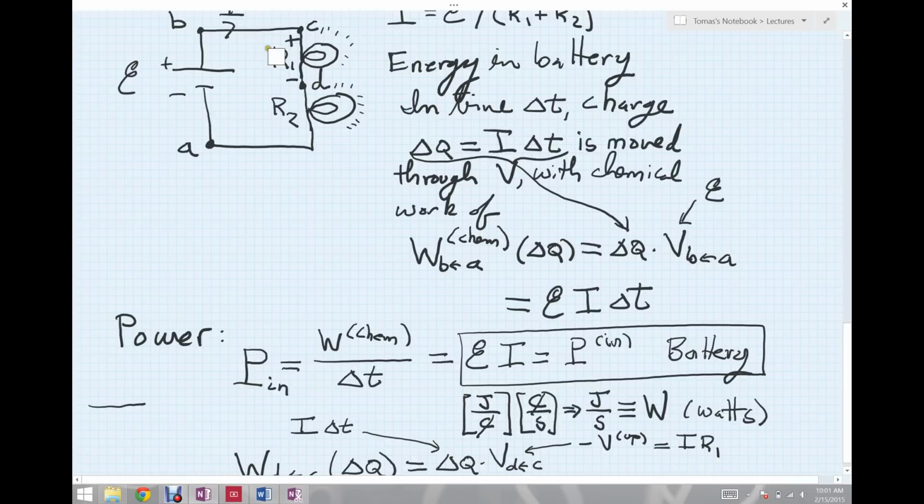But let's just try to keep our considerations general now. Just some circuit element that our current is flowing through. Any circuit element is going to have an upstream part, right? An upstream voltage, and in the direction we're going with the current, we're going to have the opposite voltage from that.